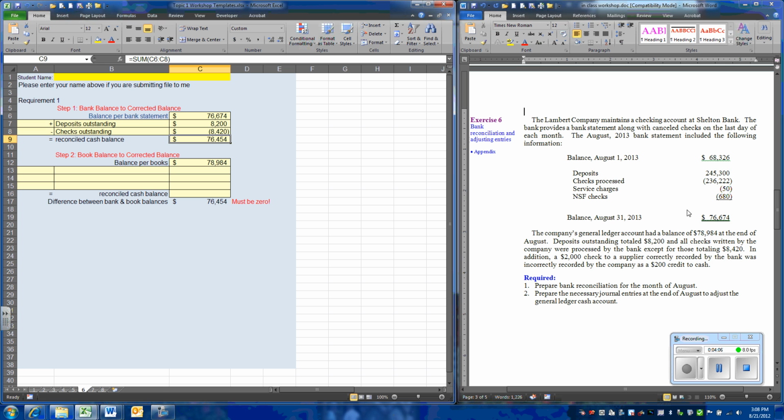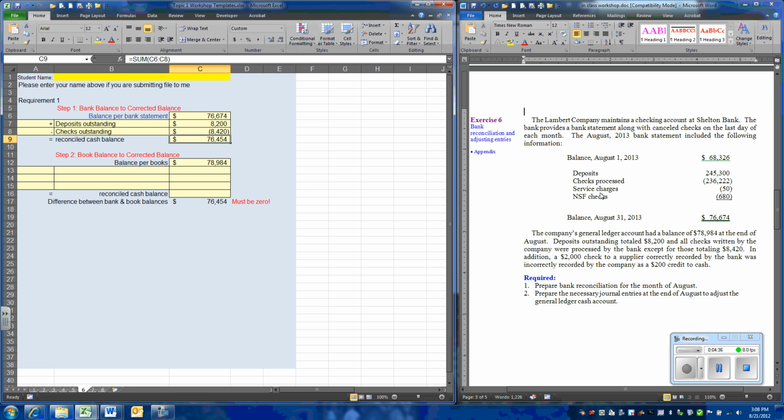The source for the reconciliation will be the information contained in the bank statement plus the error that was uncovered. So we're going to look for things on the bank statements that are not in the accounting records. The deposits and checks that were processed at the bank, except for the outstanding ones, have been reconciled between the two. So the first thing we have is the service charge.